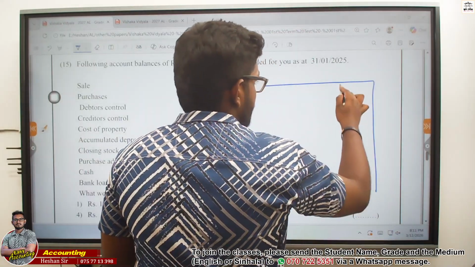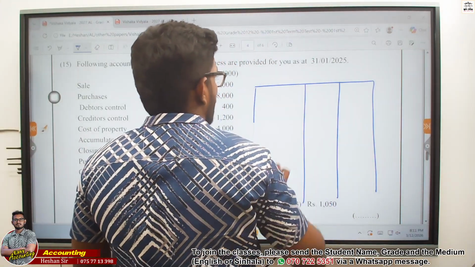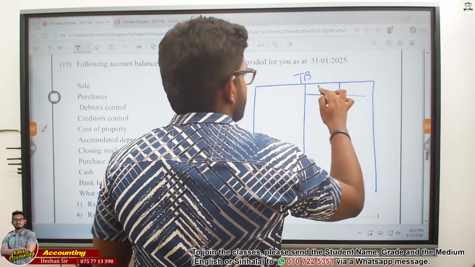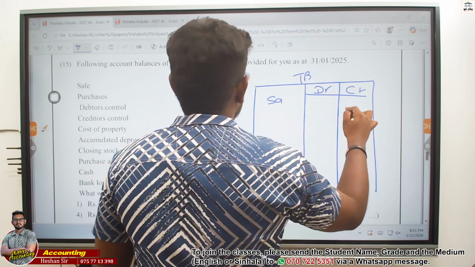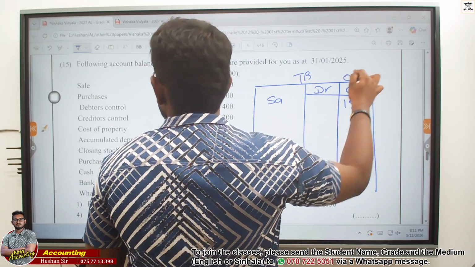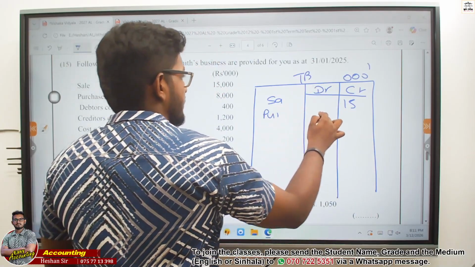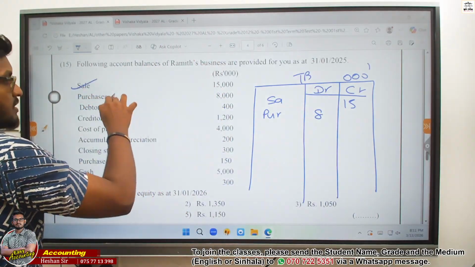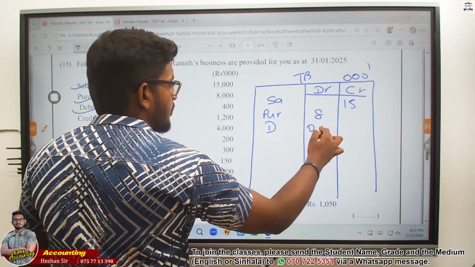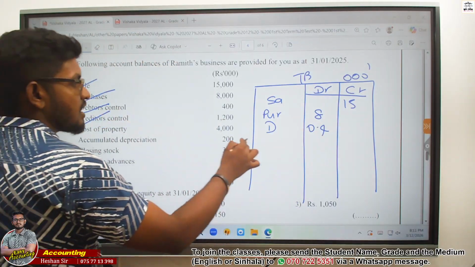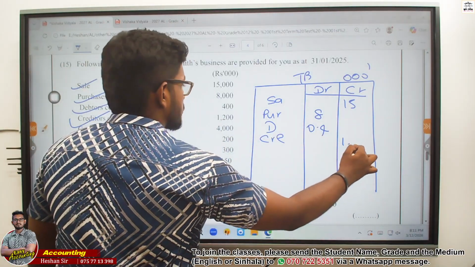You can draw a trial balance and find the equity. Sales is an income, so the credit side, I'll take the thousands. Purchases is an expense, 8,000, it comes under debit. Debtors 400, debit 0.4. Creditors, liability, 1.2.